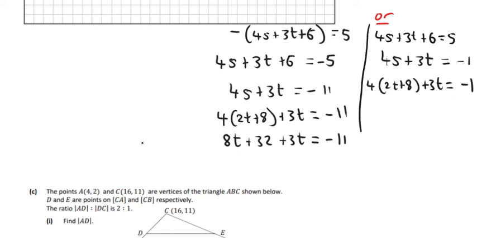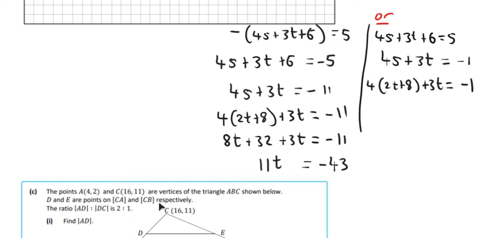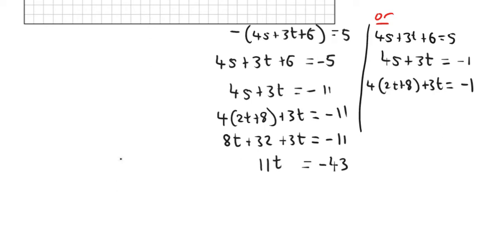Bring the 32 to the other side and we'll get minus 43. So minus 43 is equal to 8t plus 3t, which is 11t. So t has to be equal to minus 43 divided by 11, so we'll just leave it as minus 43 over 11.